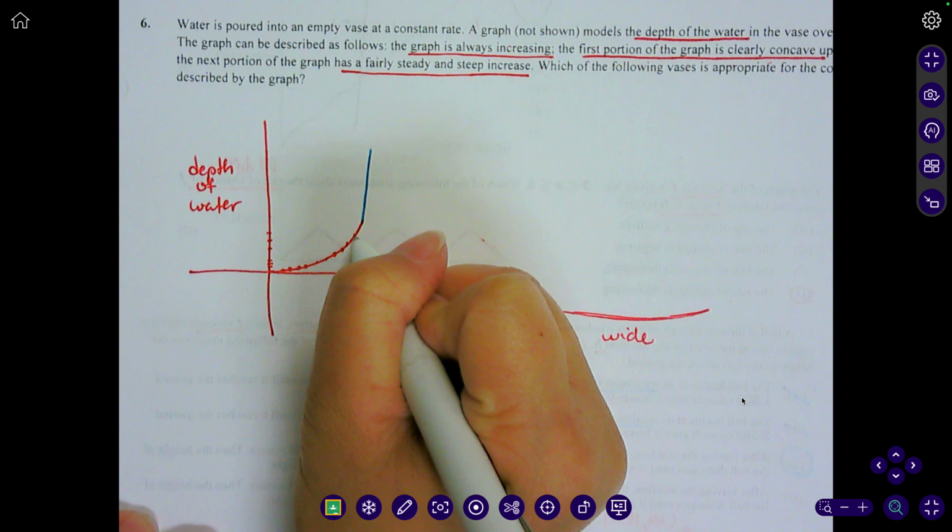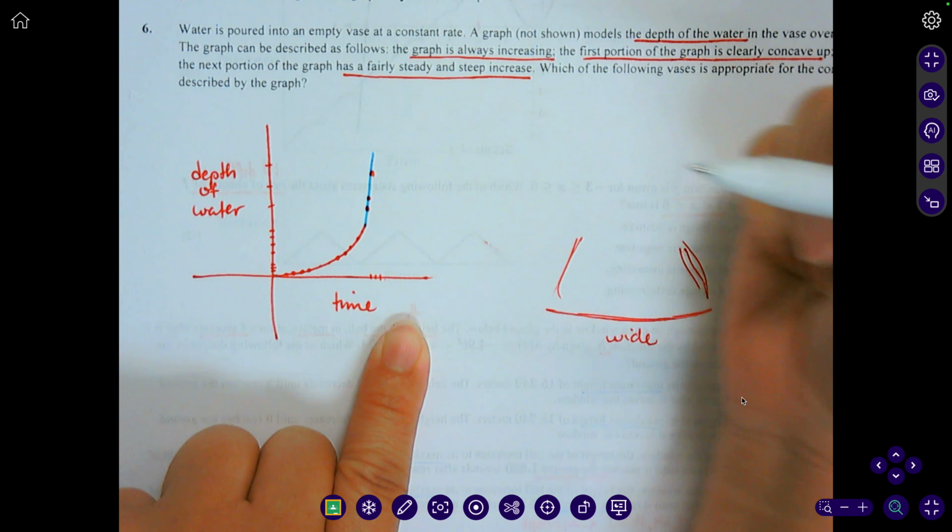Narrower. So that means after the bottom is wider, as it goes up, it needs to go narrower. Do you guys see that? Because narrow means, hey, the water will fill up faster. You guys good? Now what happened right here?